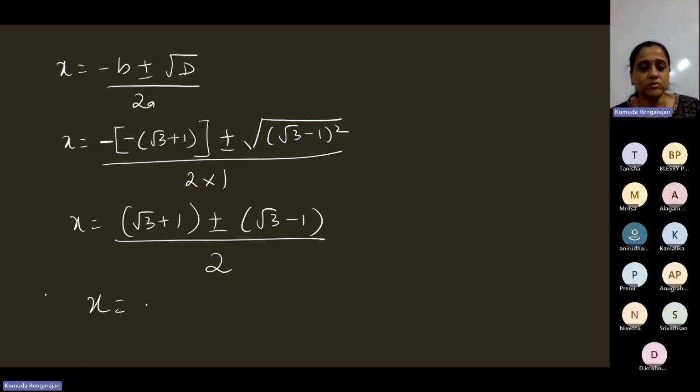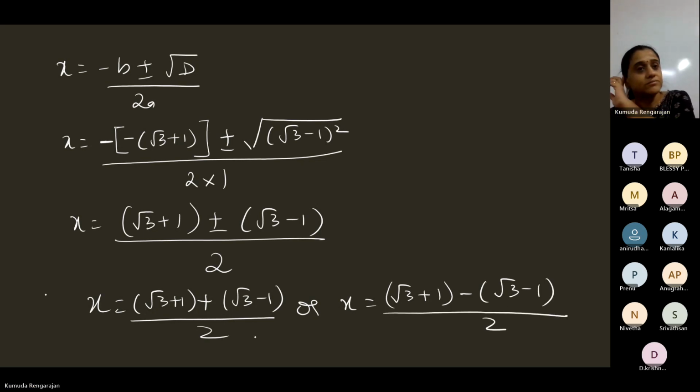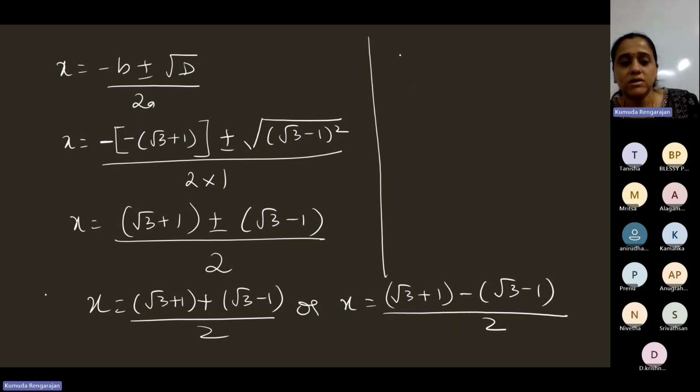So x is equal to root 3 plus 1 plus root 3 minus 1 by 2, or x is equal to root 3 plus 1 minus root 3 minus 1 by 2. Correct? So x is equal to, when you open the bracket here, plus 1 minus 1 will get cancelled.